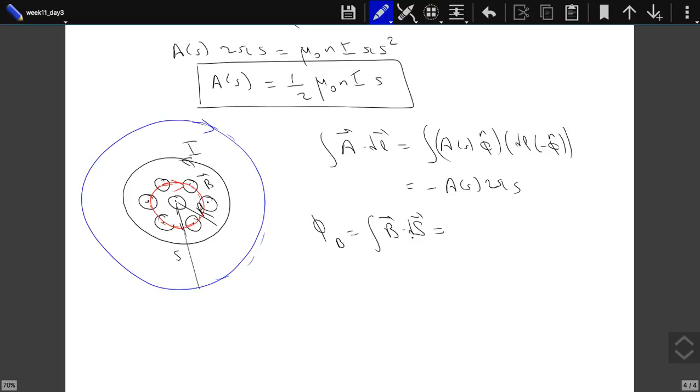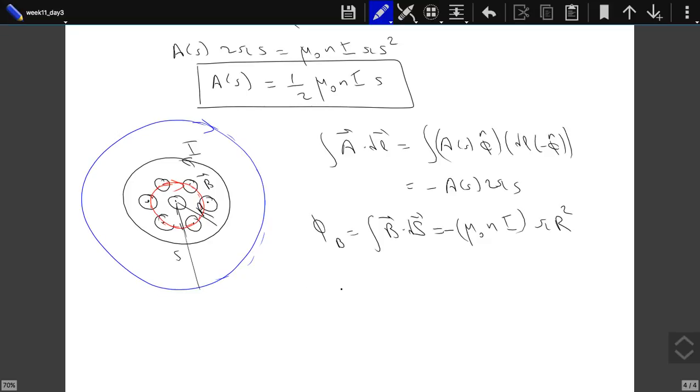There is only contribution from inside, so the total flux will be independent of s, and it will be given by mu0 n times I times pi r squared. Of course, again in the minus direction, since my loop goes in the clockwise sense, my area vector should be in the minus z direction, but my B field is in the plus z direction.